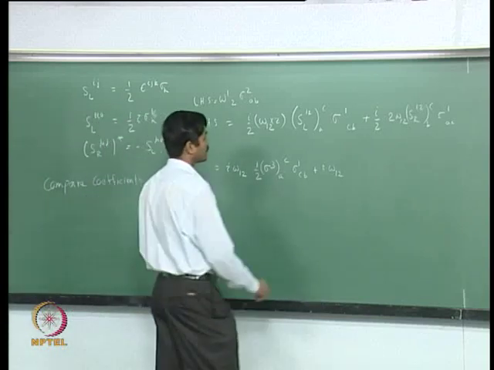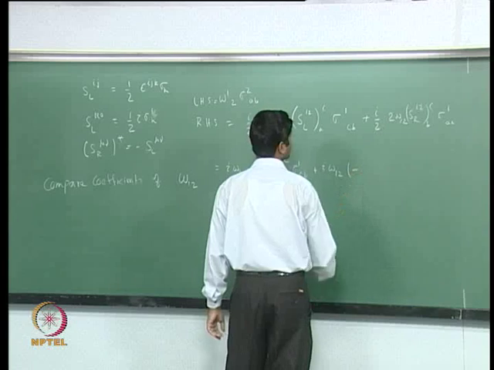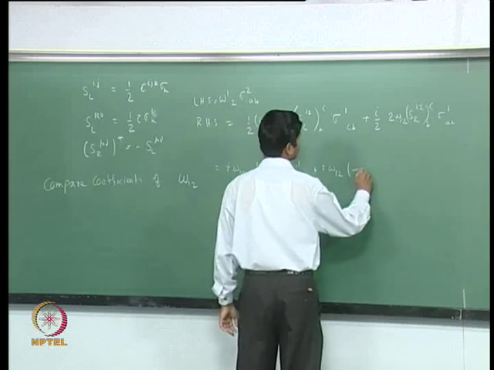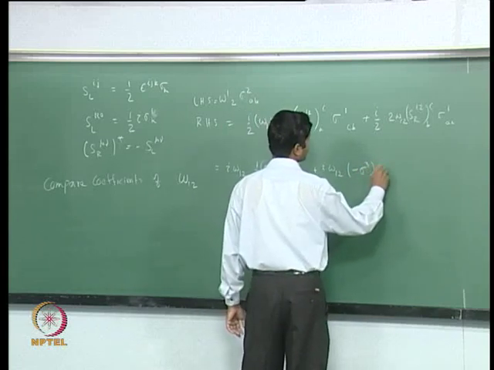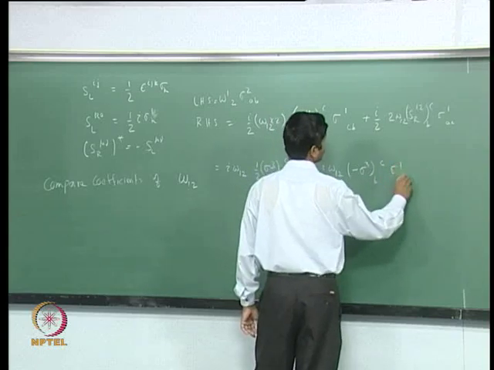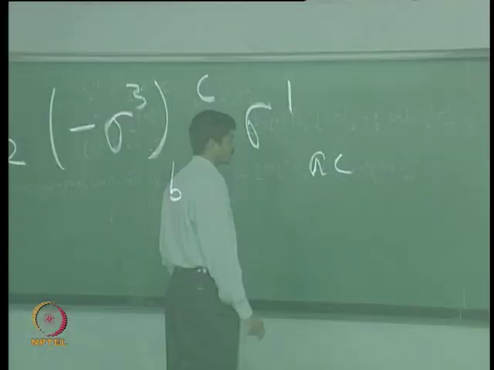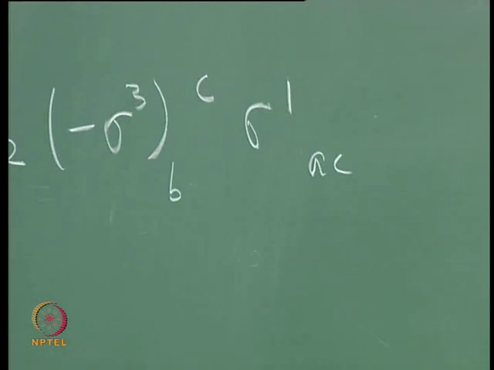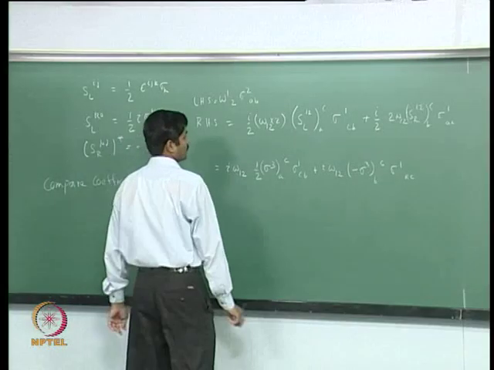So, this is minus sigma 3 of BC sigma 1 of AC, right. There is a half.